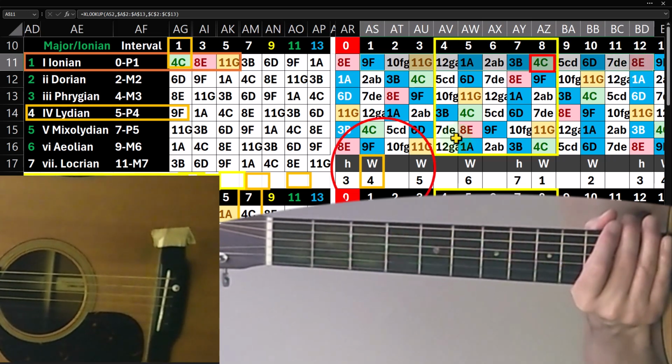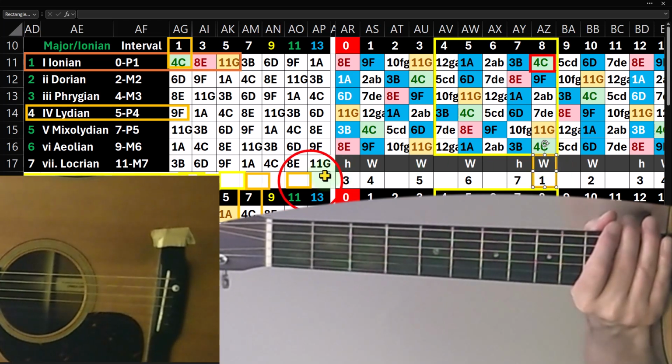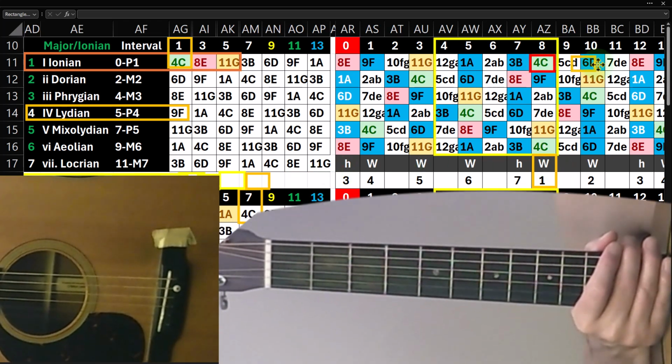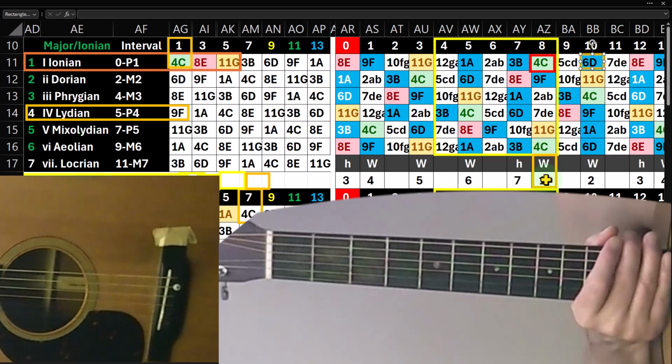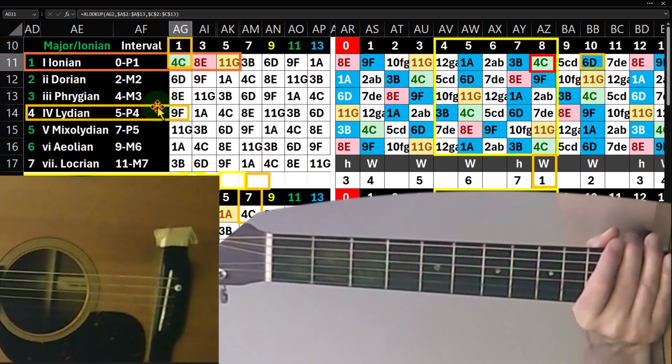So for example, if we went from this C here and we went up, we're going from the first to the second. So here's the first over here, here's the first, and then we're going to the second.